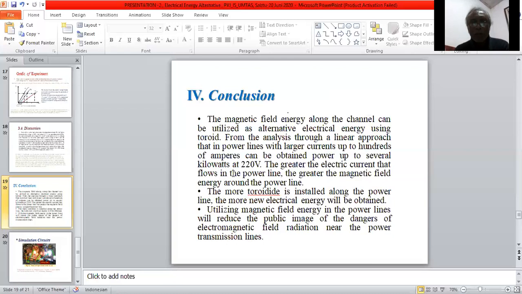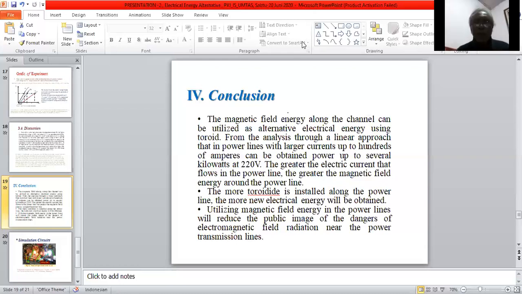Three, utilizing magnetic field energy in the power line will reduce the public's image of the danger of electromagnetic field radiation near the power transmission line.